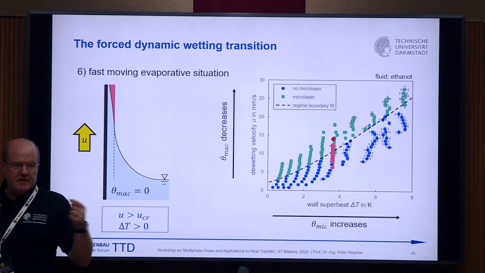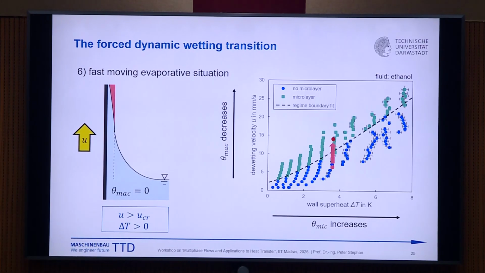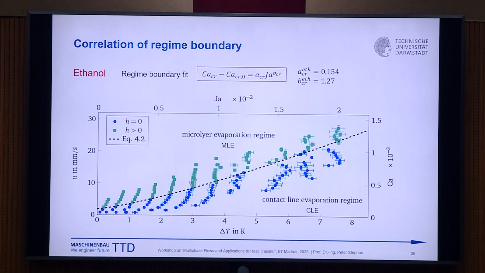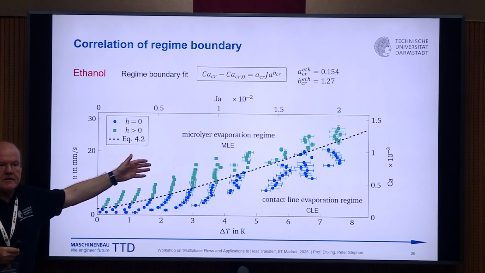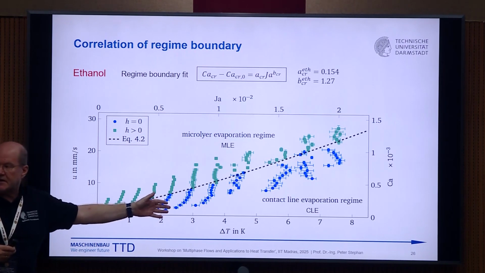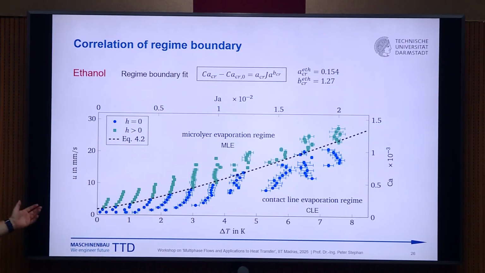So it's a mutual interaction between both. We tried to find some correlations for these regime boundaries, because I think this is quite interesting for practical applications and for design. Of course, it's much better to be in the microlayer evaporation regime because you have locally higher heat transfer than in the contact line regime. So we should know for our design purposes where we are.